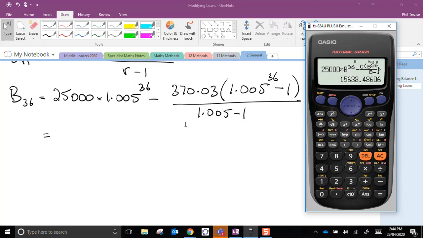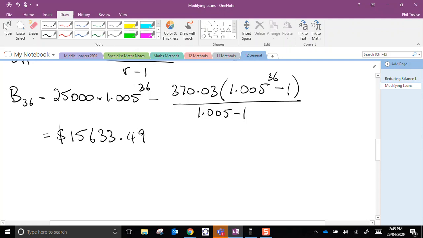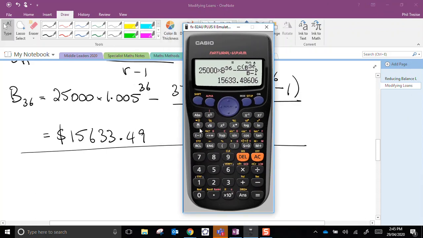Now, after 3 years, our friend would still owe $15,633.49. So let's write that down here. The balance of the loan is still $15,633.49. Now I'm definitely going to store that number because I'm very, very sure I'll need that one again.